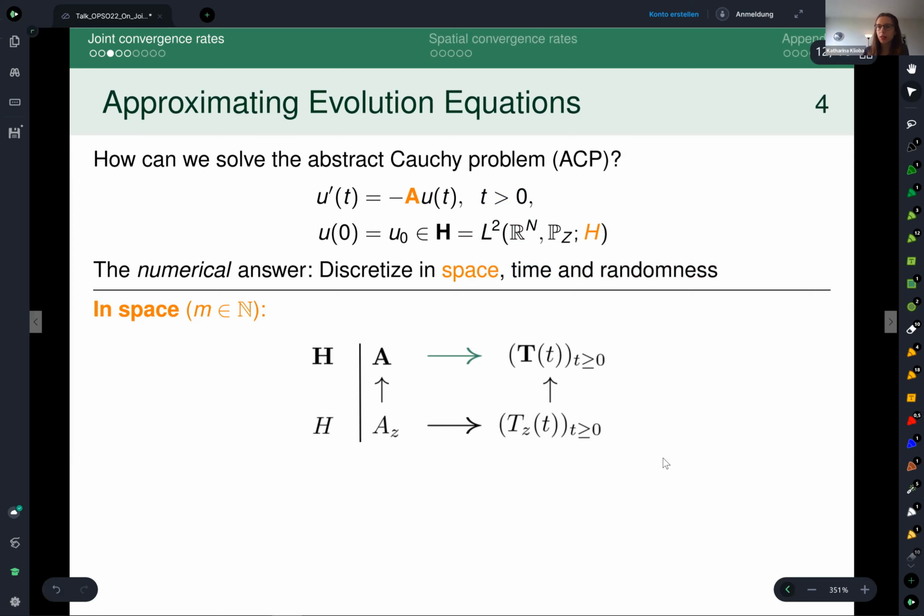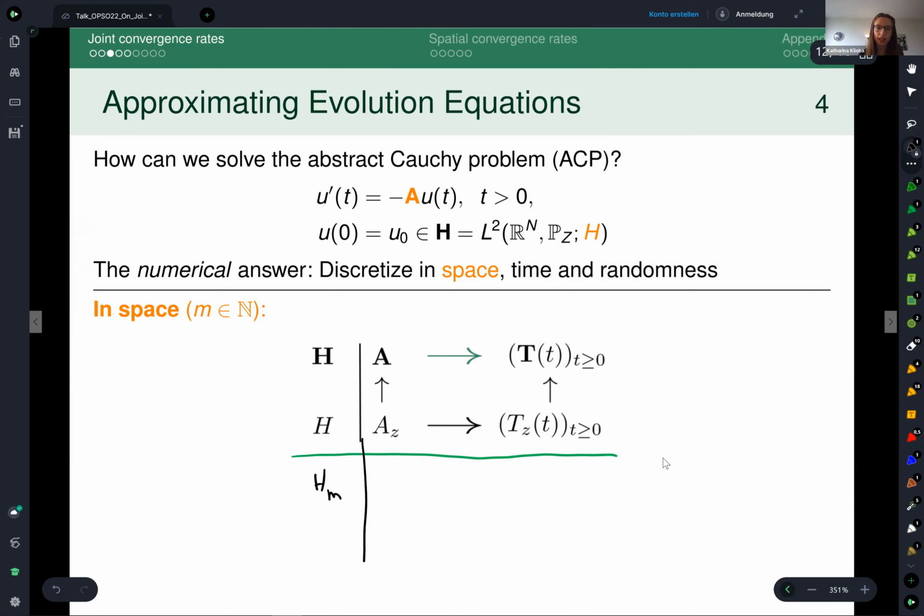In space, we choose some space discretization scheme, which means choosing an approximating sequence of Hilbert spaces H_m, and for each z in R^n, operators A_z^m. Of course, how exactly you choose them depends on whether you use finite differences or finite elements or another space discretization scheme, but they should be chosen in such a way that, again, outside of a null set, minus A_z^m generates contractive semigroups.